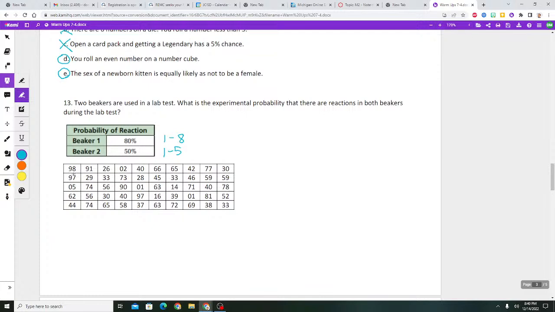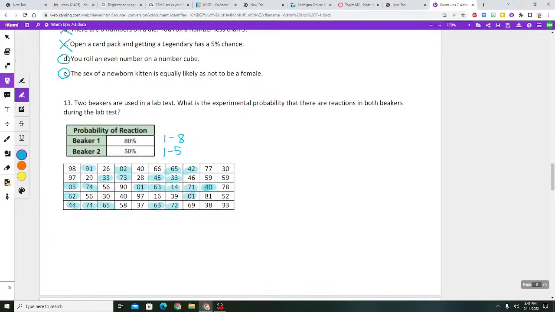So if we look through here, I'm just going to highlight the ones that end in 1 through 5. I'm going to ignore 98 because it doesn't end in a 1 through 5, and I'm going to ignore 97 because it doesn't end in 1 through 5. I'm going to keep this one, keep this one, keep this one, keep this one, keep this one.